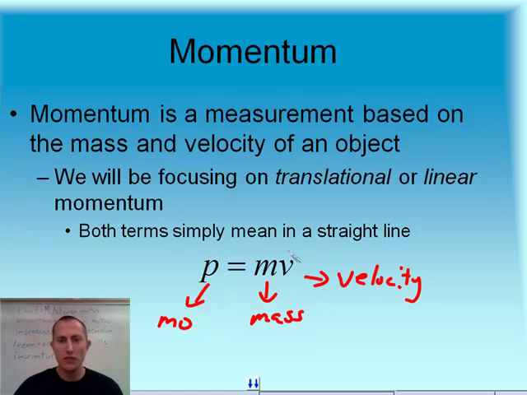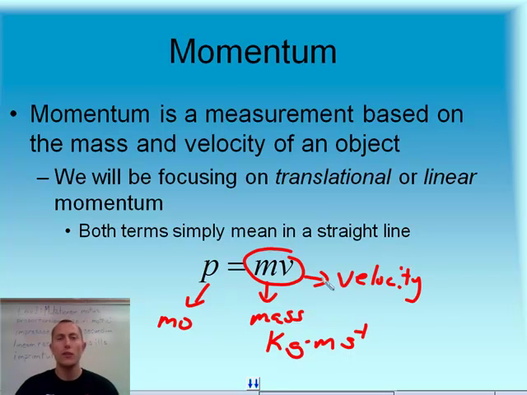And so based on how we calculate momentum, we can see that the units for momentum are going to be kilograms times meters per second. And unlike with force, where our kilogram meters per second squared was the Newton, there's not a derived unit here for momentum. It's just kilogram meters per second.